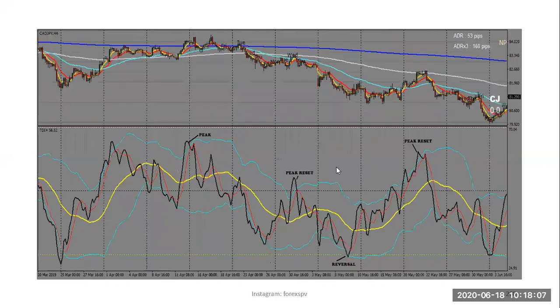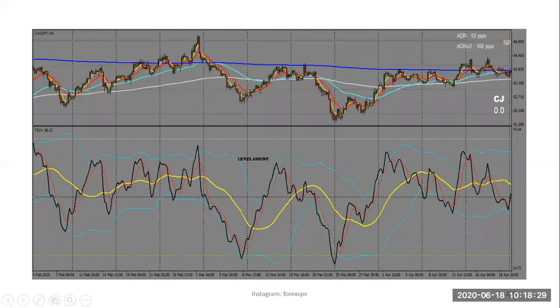And we have now peak resets. Usually peak resets have a shark fin around the 50 or the market baseline. So see, this is a peak reset because it has not reached the level extreme.